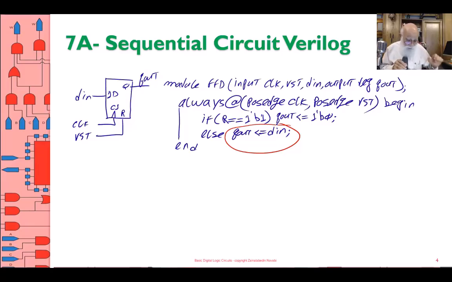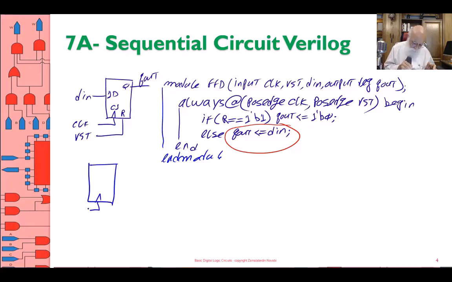If I don't have any resetting, then this ends with endmodule. Let me go back to my original color. Endmodule. If you don't have any resetting, your always becomes, so let me draw this flip-flop. And let's say this is negedge.